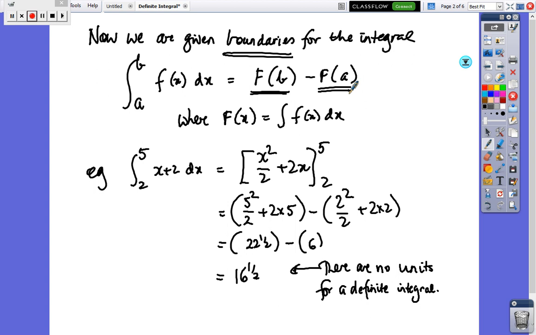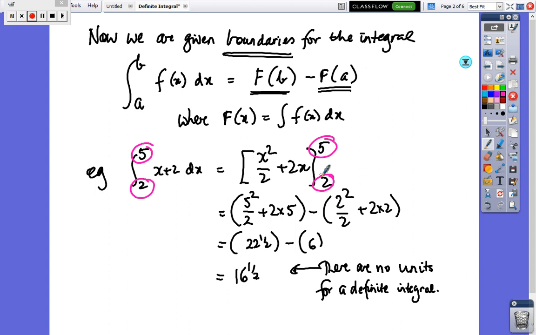Looking at the same question as the first page, we've got numbers 2 and 5. Now we integrate x plus 2 like we did before, but this time we have square brackets and we put the boundary numbers, 5 and 2, on top.